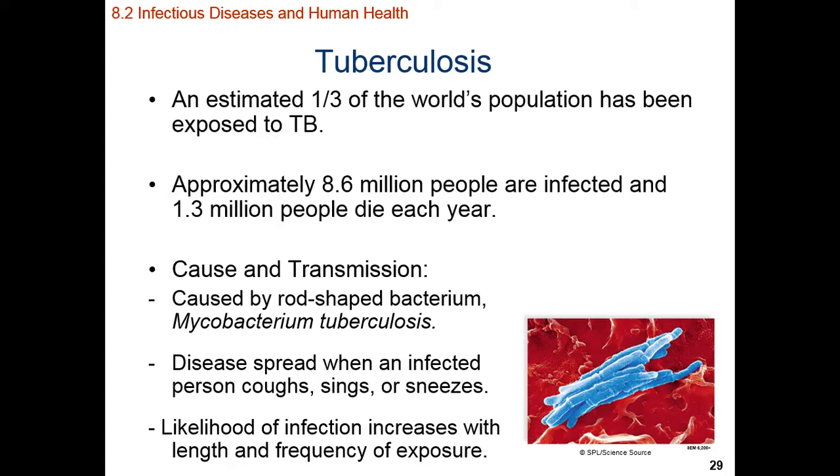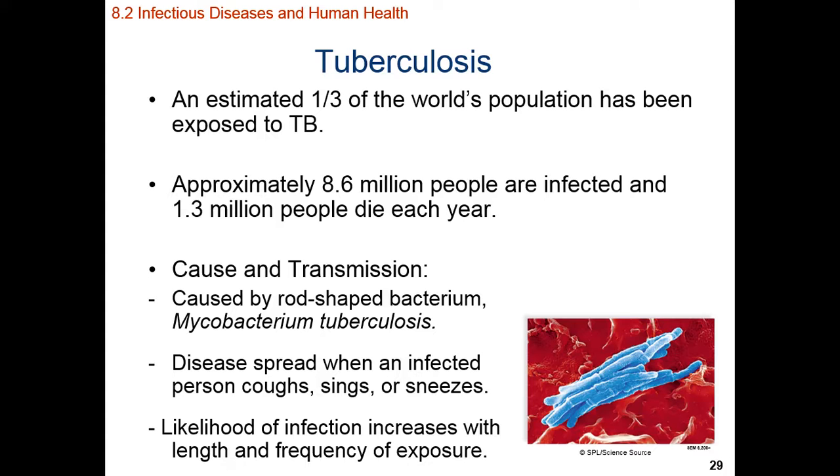Mycobacterium tuberculosis is notorious for having a very slow metabolic rate. Because it has a very slow metabolic rate, that means, first of all, that it can survive for a while within those aerosol droplets. It also means that it grows very slowly within our bodies, and it responds very slowly to antibiotic treatments or antibiotic therapy.